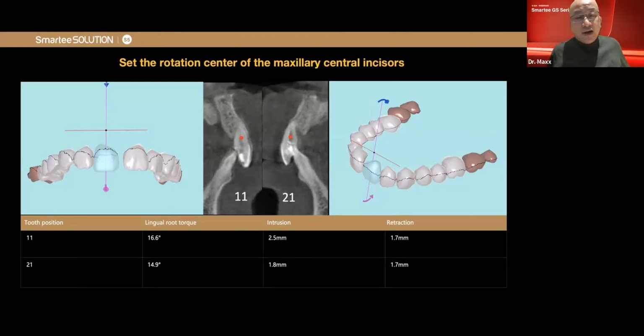Because first I wanted the teeth to rotate with the right point to make sure the root is at the center of the bone graft. And then I intrude the two teeth to improve the deep overbite. So that's the plan.